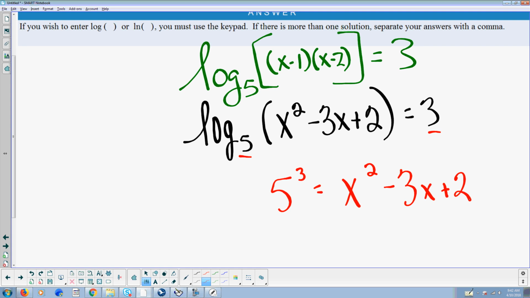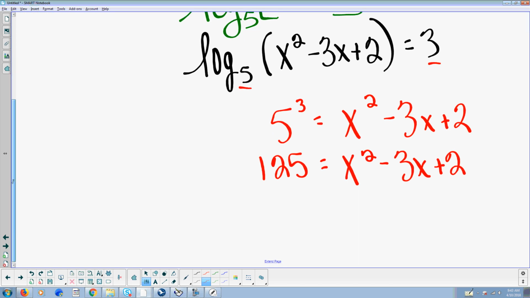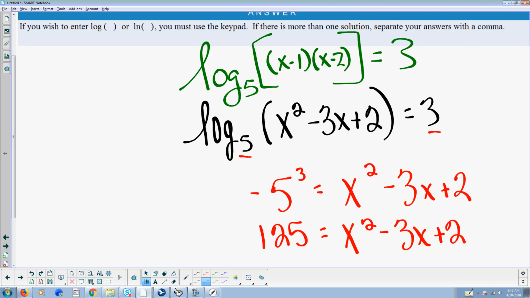And I'm solving a quadratic equation now. So what is 5 to the third power? 125. 125 equals x squared minus 3x plus 2. Next, we've got a quadratic equation to solve.